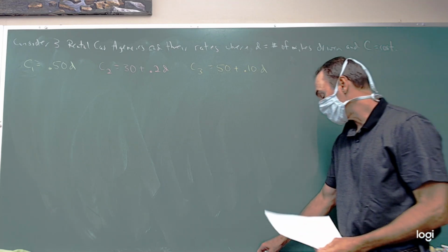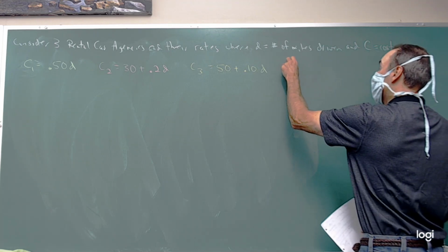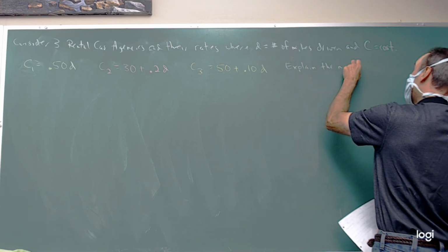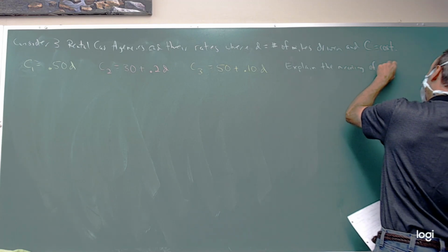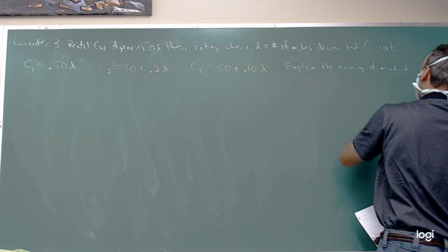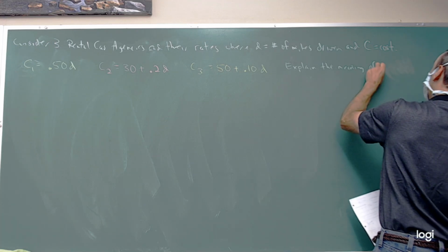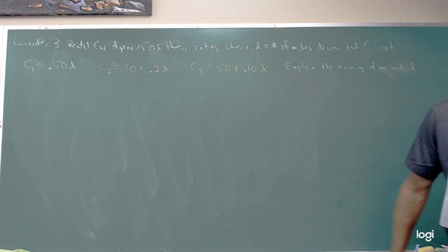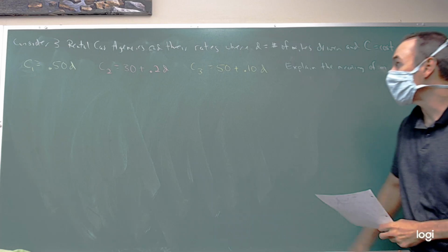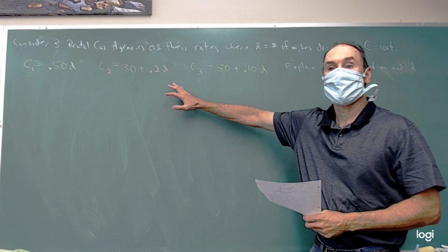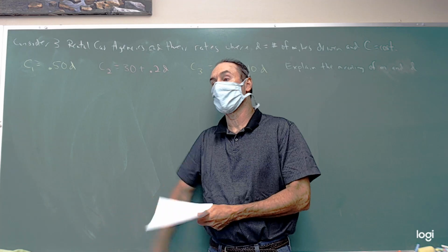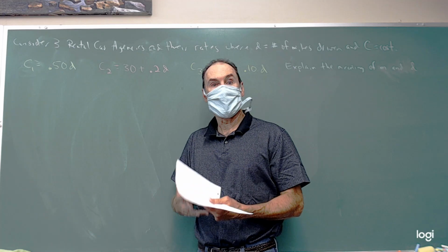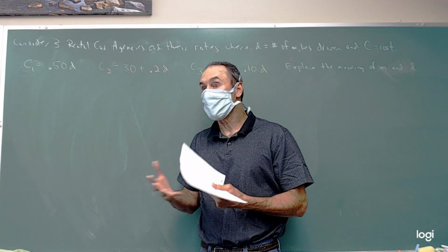So the first challenge is, can you explain the meaning of M and B in the context of this problem? Partnering up again, the first person will turn to the second person and say what the M means in the context of these problems, and units are important here, so your explanation should include appropriate units.